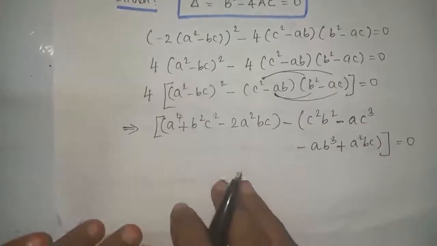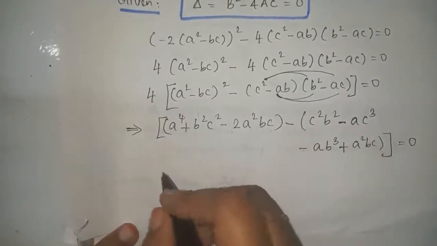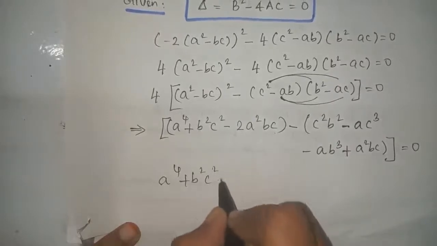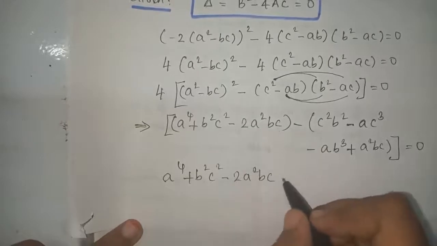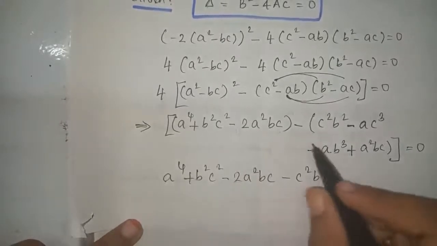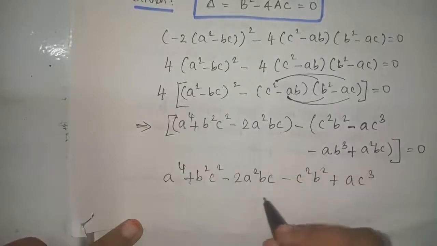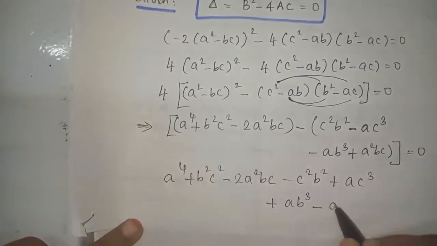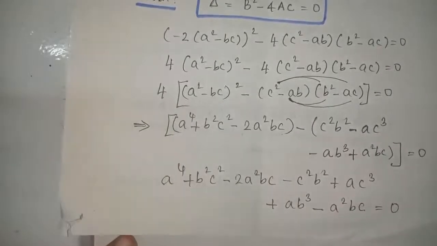So the next step is you have to take the negative sign inside the bracket. A power 4 plus b square c square minus 2a square bc minus c square b square, minus into minus plus ac cube, minus into minus plus ab cube, minus a square bc is equal to 0.